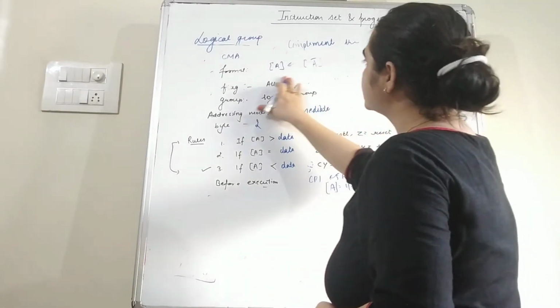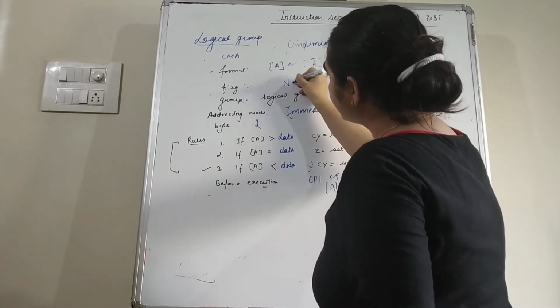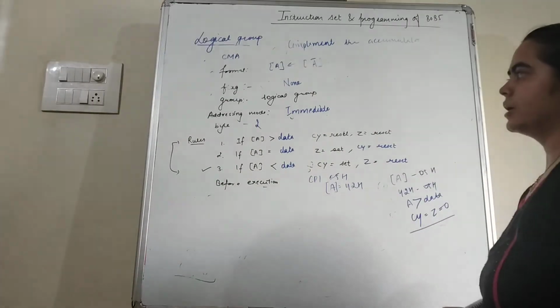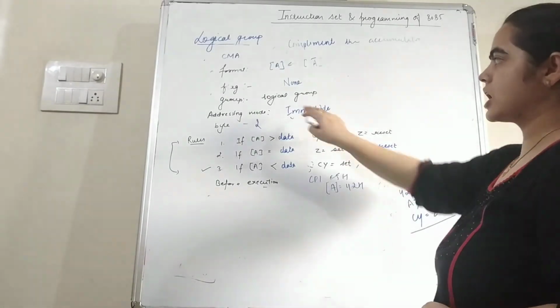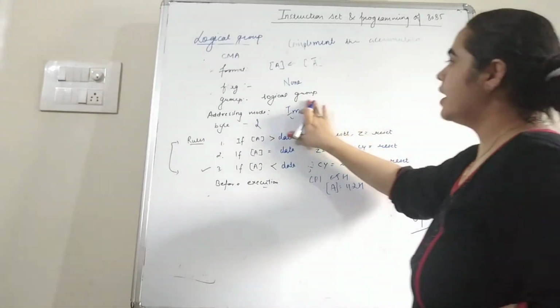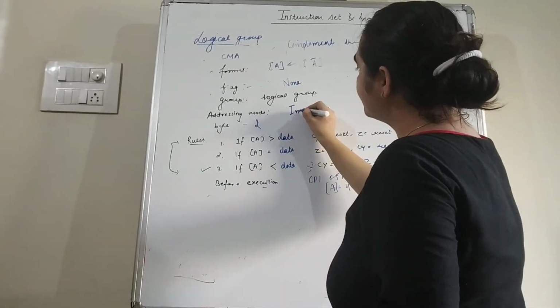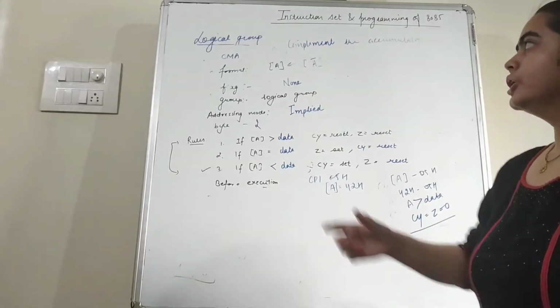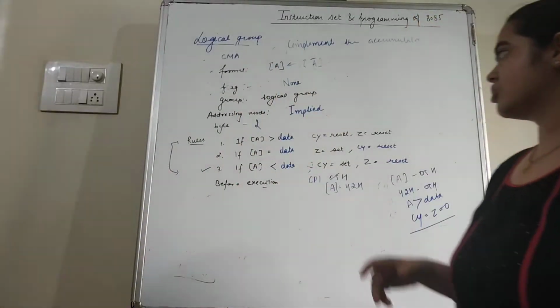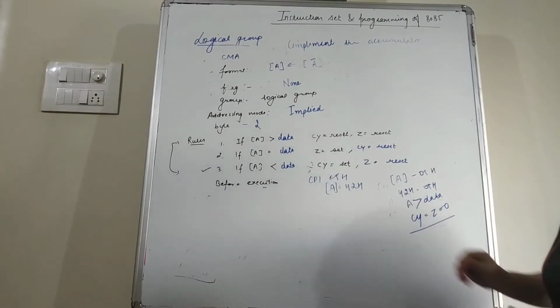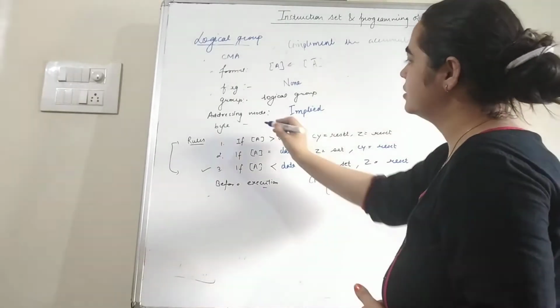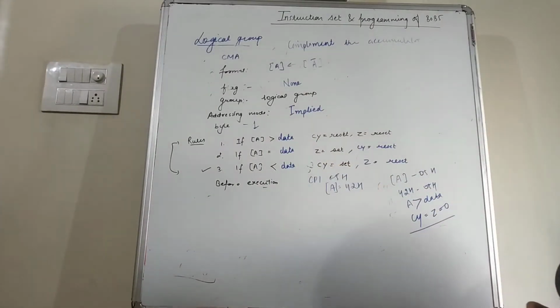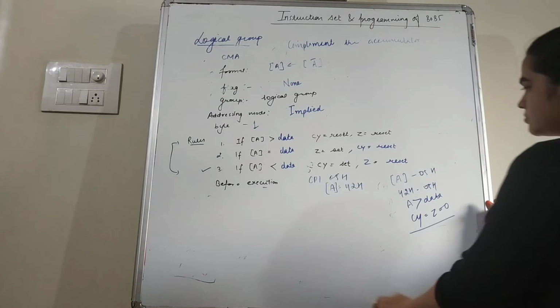According to this instruction, none of the flags is affected. The group is again the logical group, and the addressing mode is implied or implicit, because no register, memory location or data is specified in the instruction. This instruction is 1 byte.